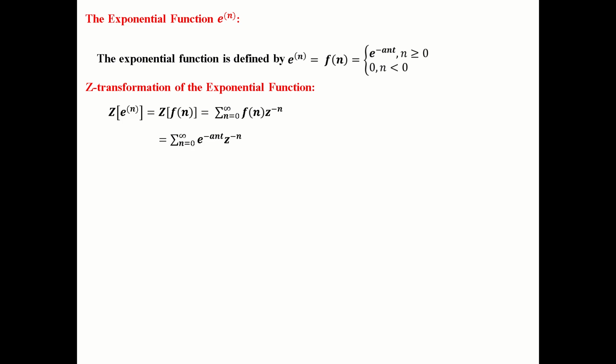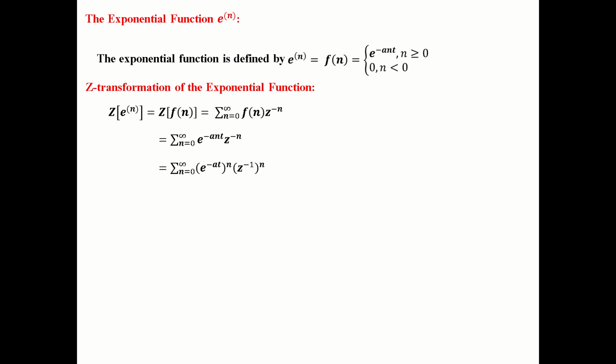A power m into n can be written as a power m, whole power n. So e power minus a t power n, and z power minus n can be written as z power minus 1 into n, so this can be written as z power minus 1, whole power n.